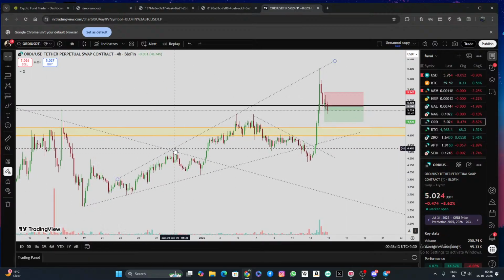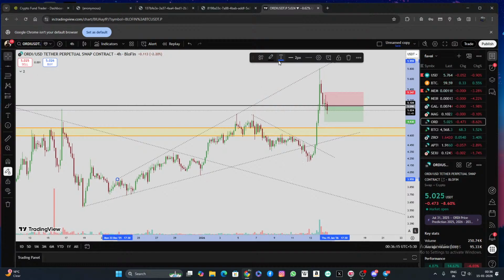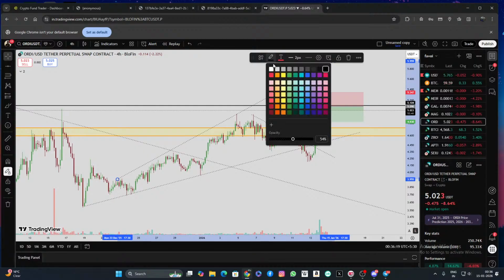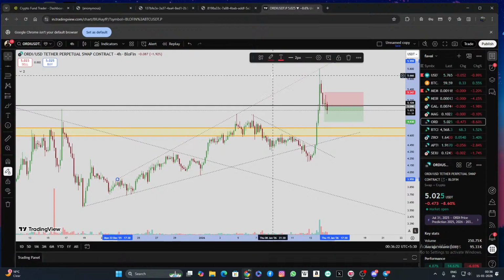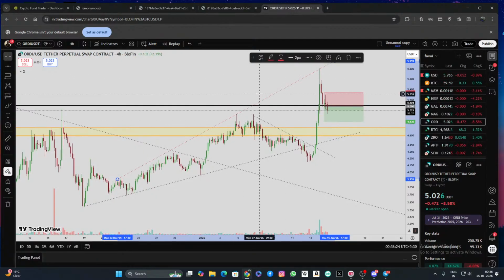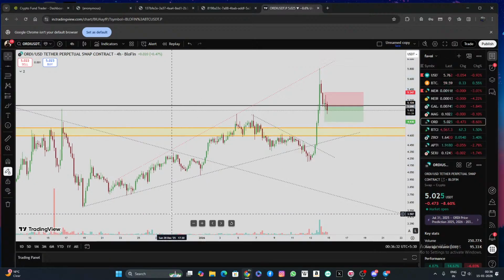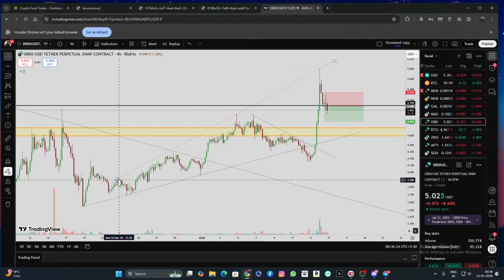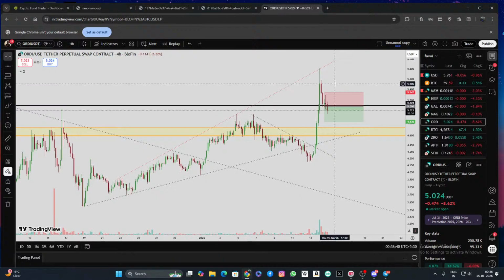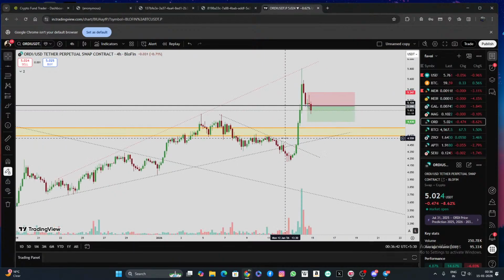Let me color it red. The trend line in red is a resistance trend line, meaning that whenever the market goes there, it will reject. You see, first one rejection, and it also rejected here, so it's a pretty big resistance that it's currently following.